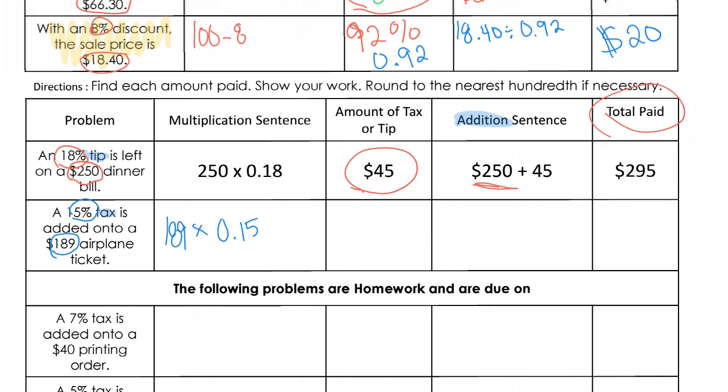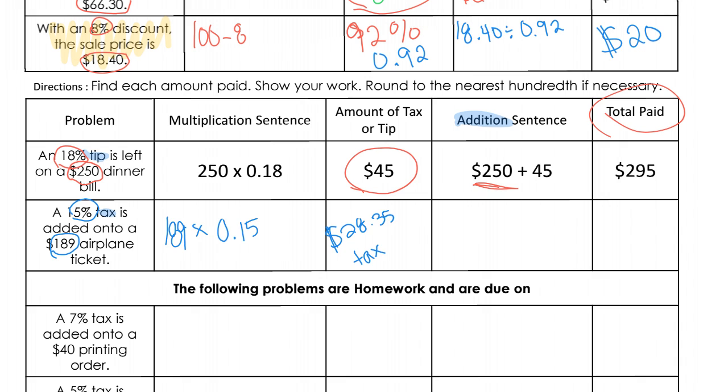What's 189 times 0.15 in your calculator? Hopefully you get a total of 28.35, which is our tax amount.